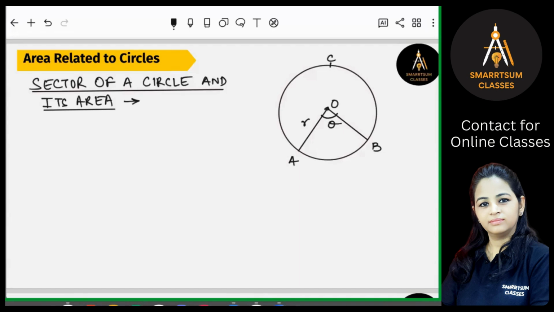The area enclosed by the circle is now divided into two regions. So what are the regions? Region OBA, this region, okay? This is region OBA, right? And OBCA.